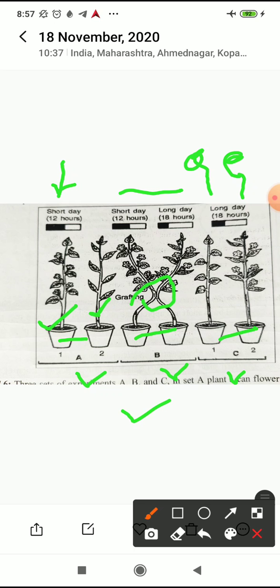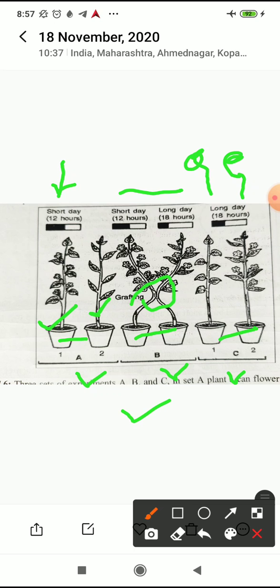So this is how the experiment performed by the scientist Chailakhyan gives support that the stimulus is in the form of a chemical, and he has given the name florigen to it.